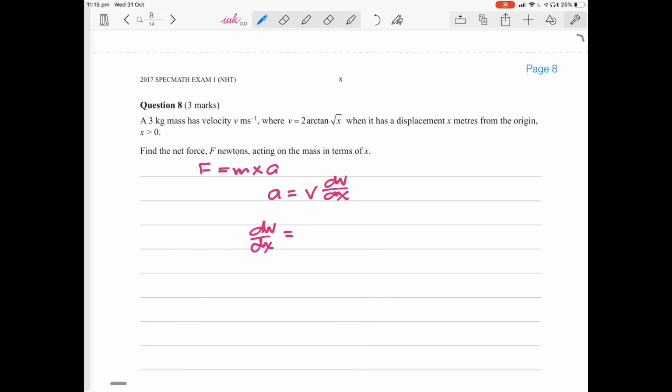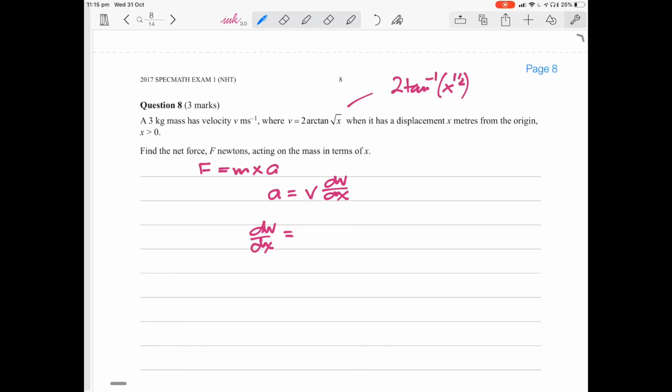Now this is a chain rule question. So that's 2 tan inverse of x to the half.